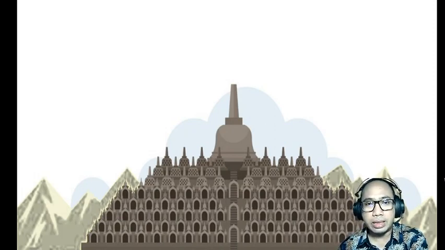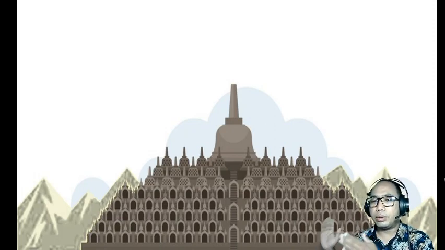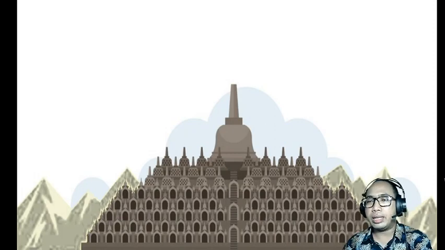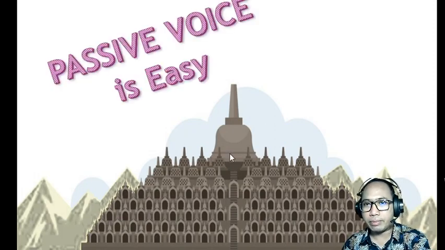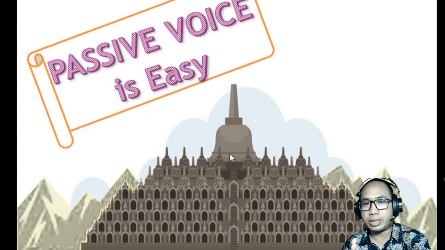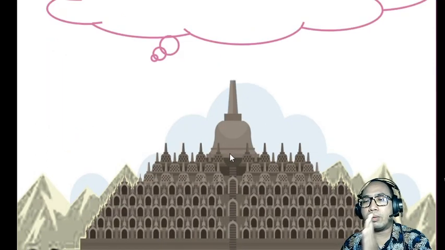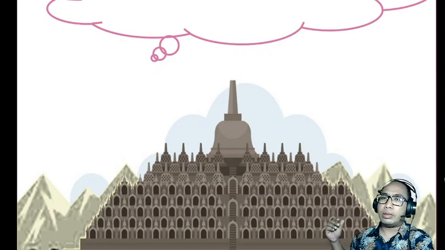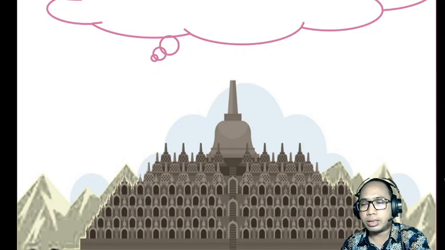Okay, guys, I have said before that Borobudur was built by the Sailendra dynasty. Okay, passive voice is easy. What is passive voice? If we are talking about passive voice, it means that we should put an object first. Borobudur is the object, and the doer or subject is the Sailendra dynasty.